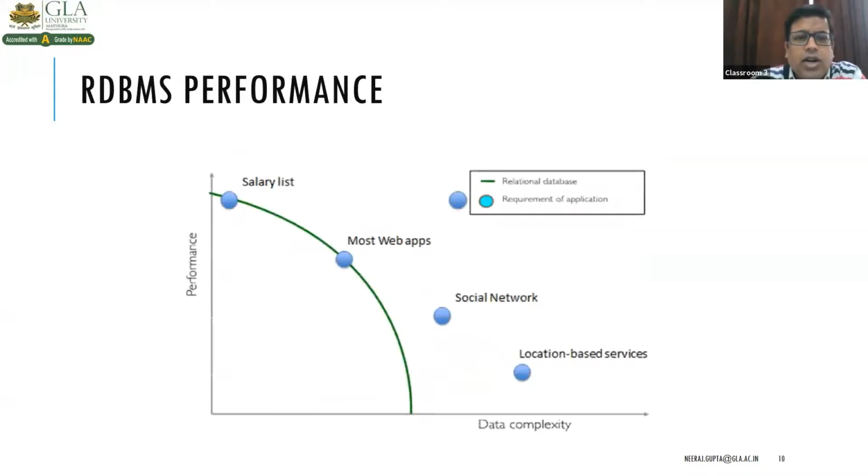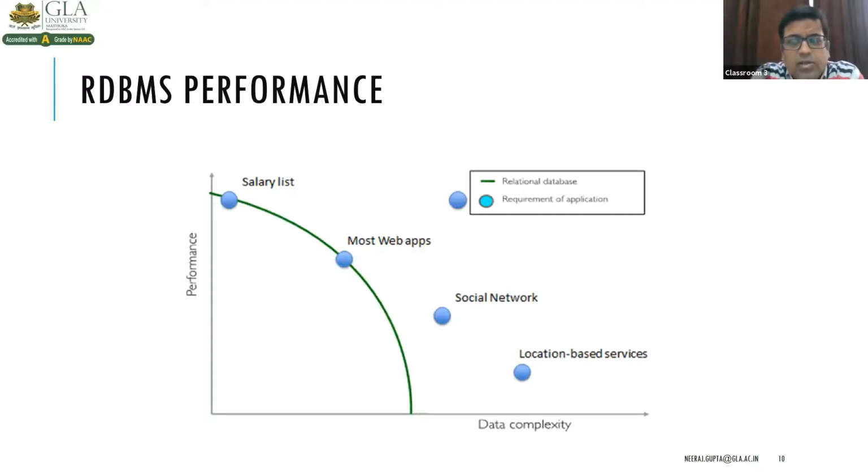Right. So look at RDBMS performance for the relational database against the requirements of applications. If you are looking for a salary list, at that time RDBMS gives the highest performance. Even for website applications, RDBMS will work.